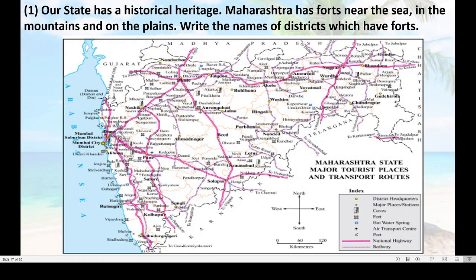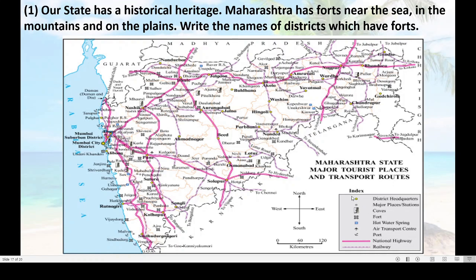Yes, dear children, here our state has a historical heritage. Maharashtra has forts near the sea, in the mountains and on the plains. Write the names of districts which have forts. Yes, this is our Maharashtra state map, correct?